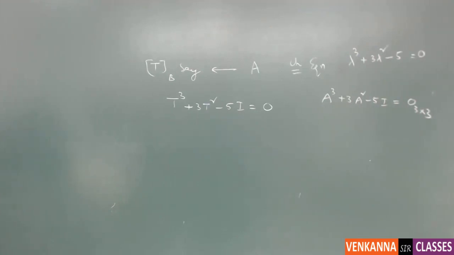In this question, T is a function. A is the matrix of T with respect to the basis given in that problem. So the interconnectivity between matrix and transformation is that whatever properties are satisfied by the matrix, the same properties will be satisfied by the transformation. Fine.